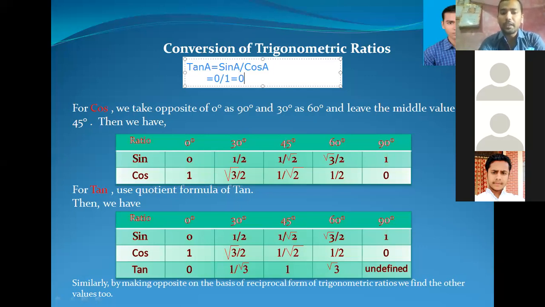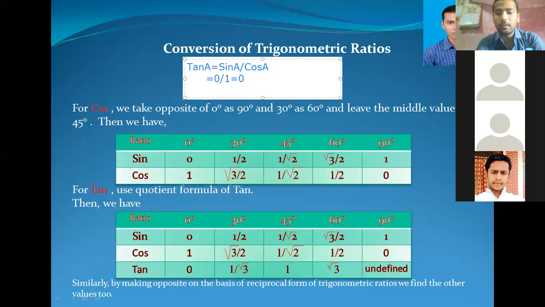So in this way, by using the quotient formula, we can get the values of tan. Suppose again, for others, we have sin 30 degree equal to 1 by 2, divided by cos 30 degree, root 3 by 2.